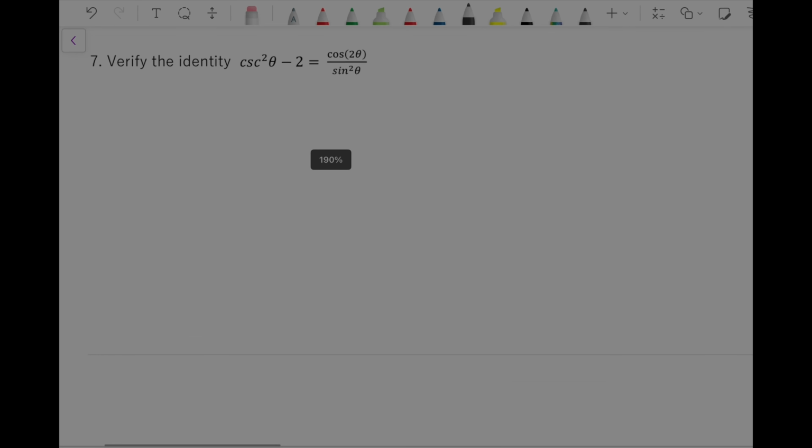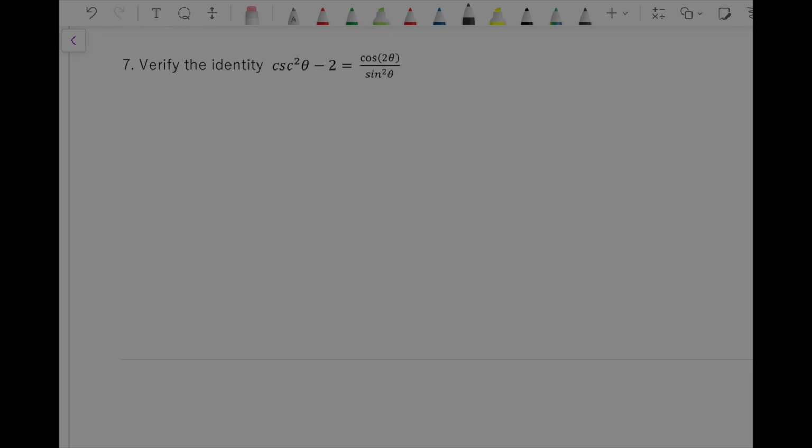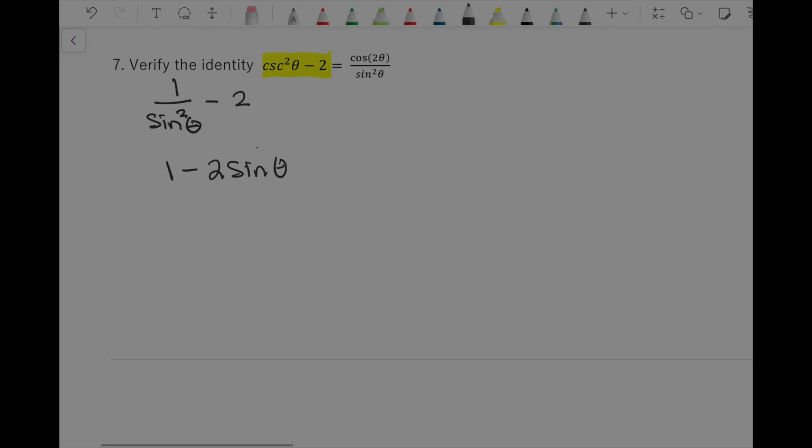Next one. You could pick the left or the right, it doesn't matter which. I'm gonna pick the left to manipulate. You could certainly pick the right. The left is common denominator. I like the bottom, that's nice.